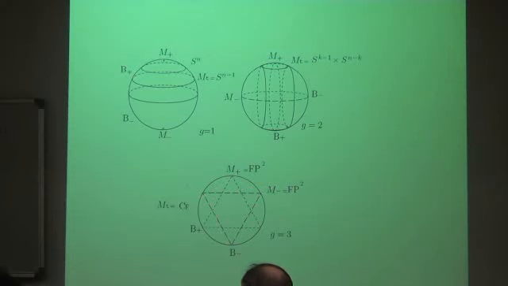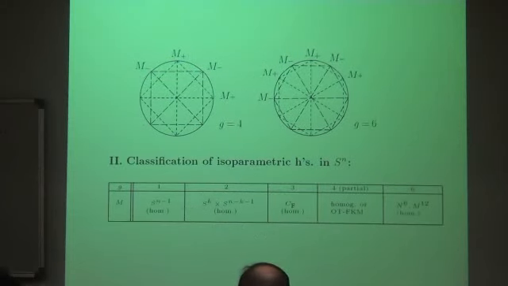This is a picture of isoparametric hypersurfaces. And when g equals 4, the focal submanifolds are expressed by two squares. And in the g equals 6 case, focal submanifolds are two hexagons.